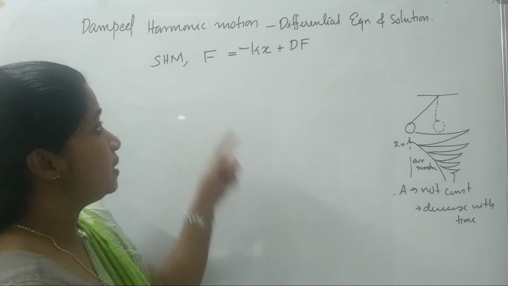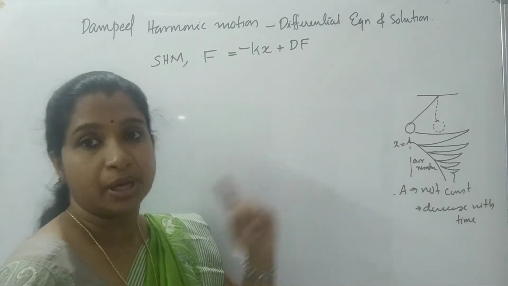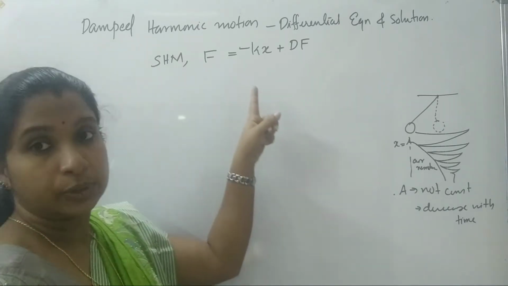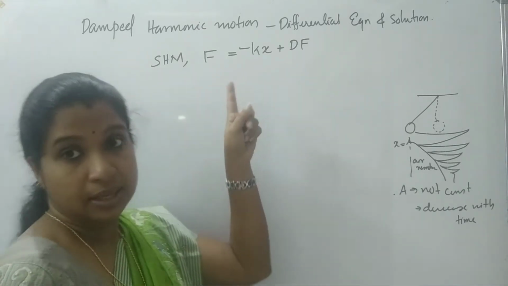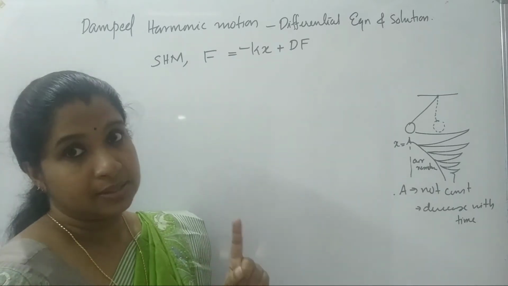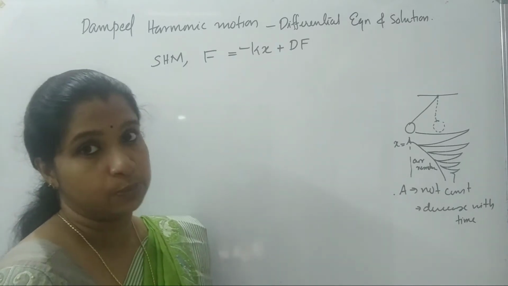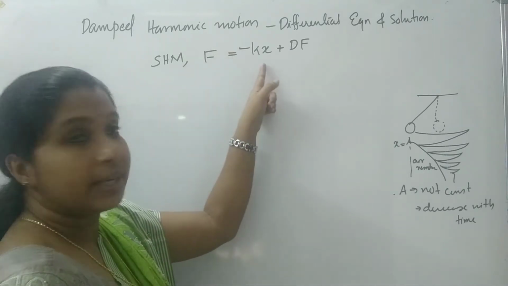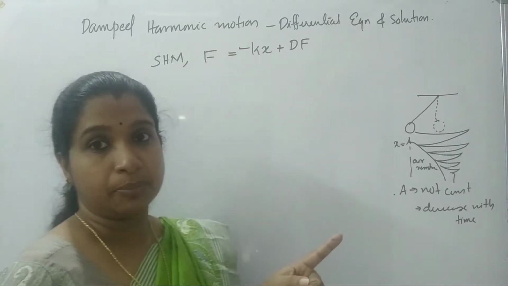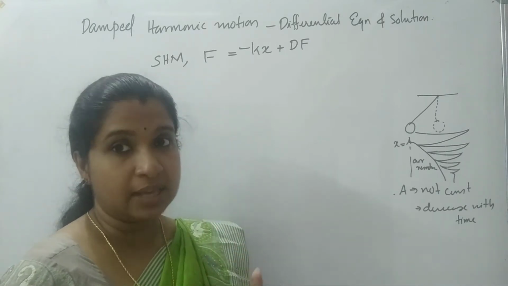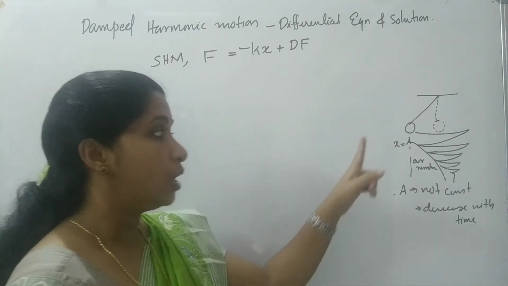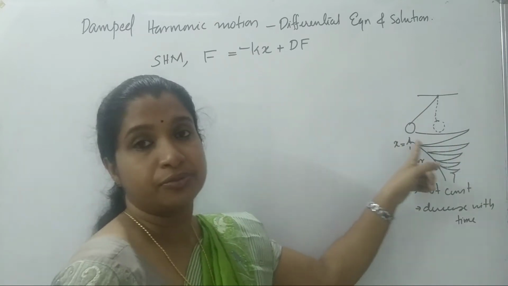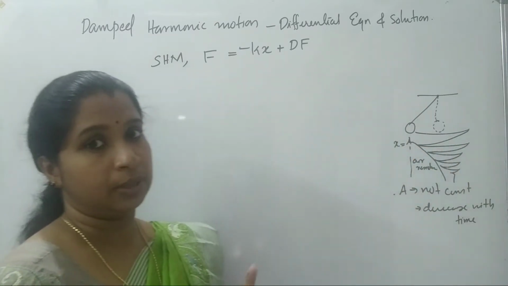This condition, F equal to minus kx, arises from the spring mass system when it is kept on a frictionless plane. We discussed this in the last class. If the body is oscillating with constant amplitude, that kind of oscillation is called simple harmonic motion.